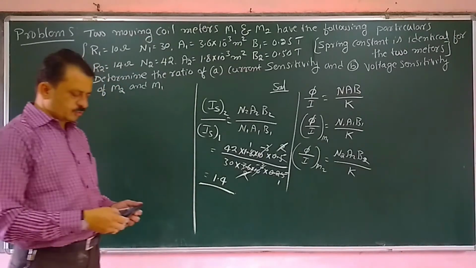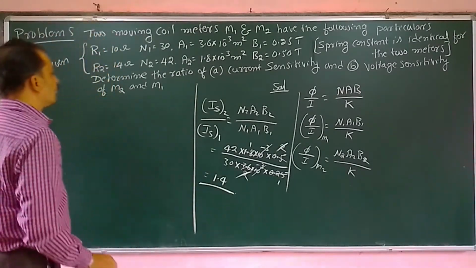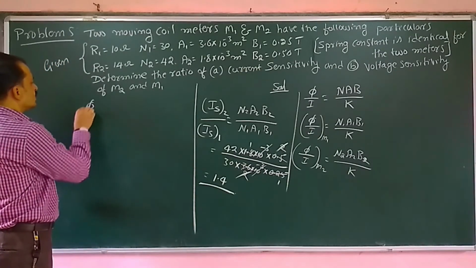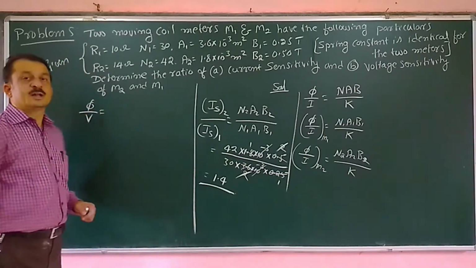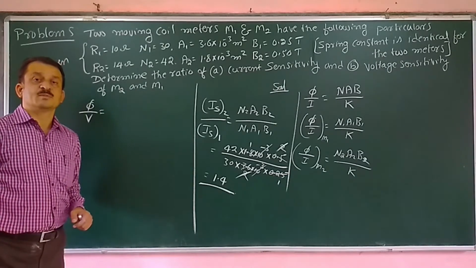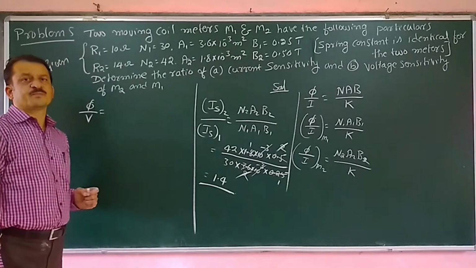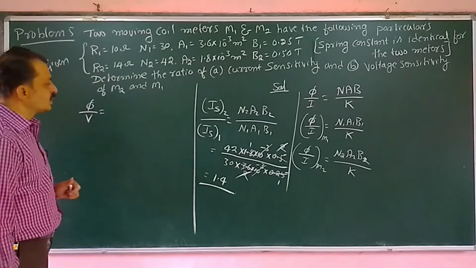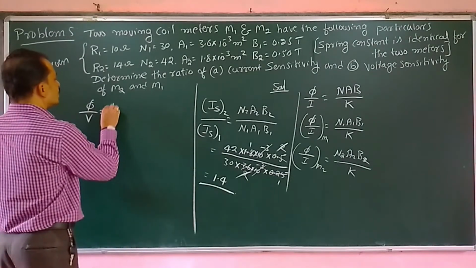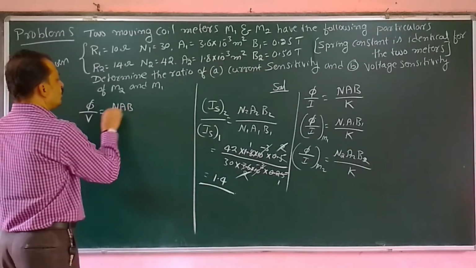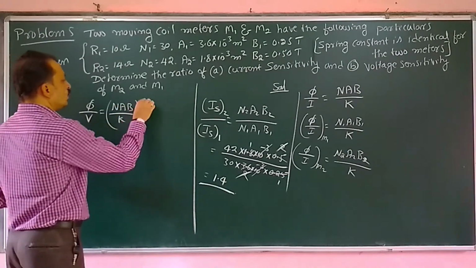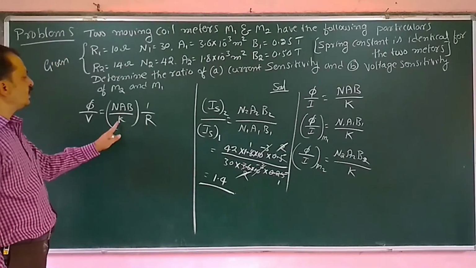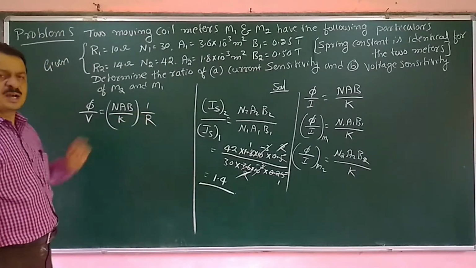Similarly, work out for the voltage sensitivity. Now, what is the expression for voltage sensitivity? It is phi by V, number of deflections per unit voltage, per unit volts. That is voltage sensitivity. It has the same relation N A B divided by K with a 1 by R term.